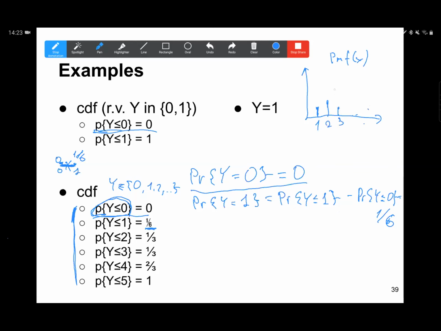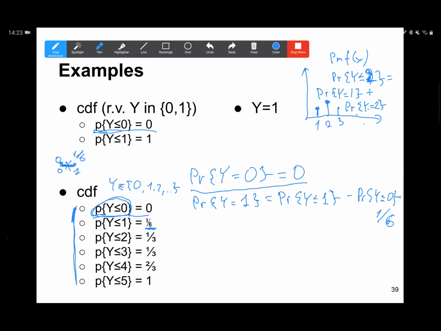If you want to know what is the probability for this random variable to be smaller than 2, well, you look at the probability that it is 1, and the probability that it is 2. So now let's call this random variable Y. The probability that Y is at most 2 is the probability that Y is equal to 1 plus the probability that Y is equal to 2.